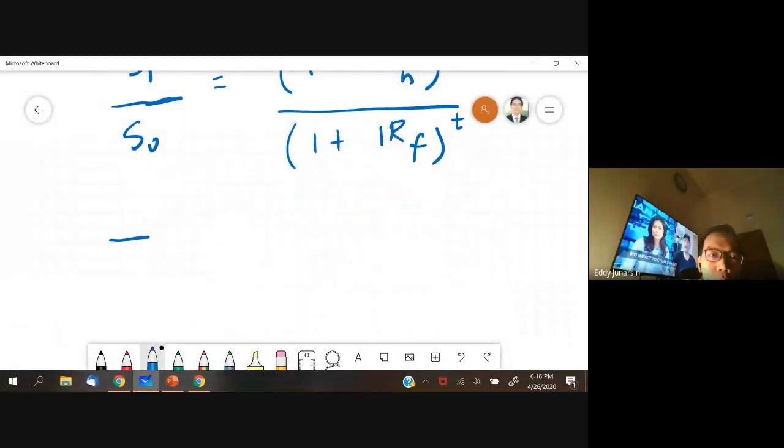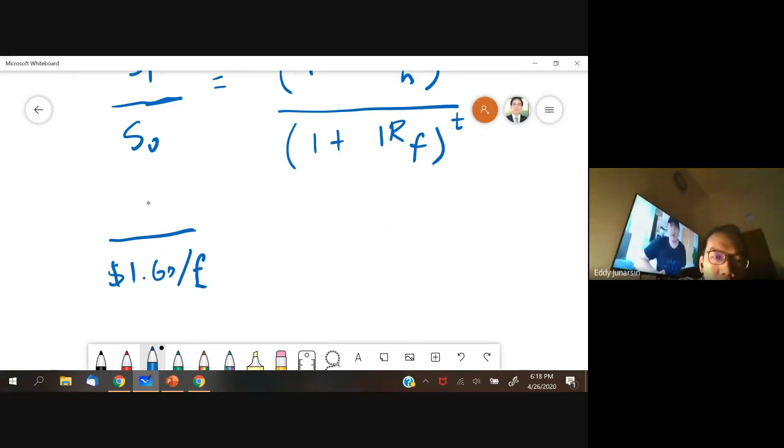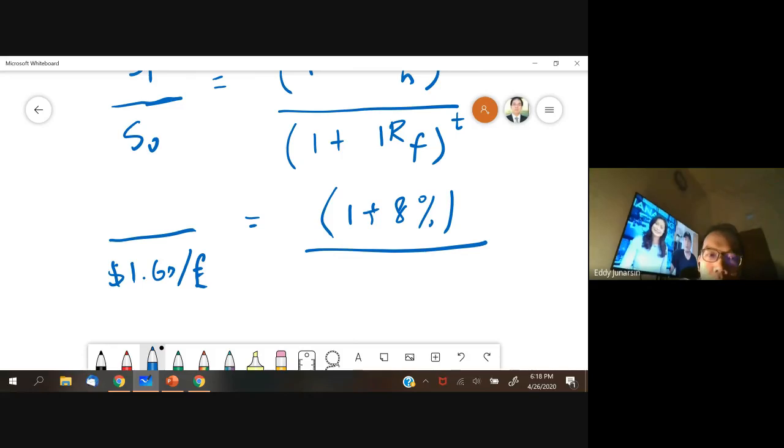So we can write separately here. The spot rate was 160, right? And then the interest rate in the US is, what is it again? 8%. The home country, because the US dollar is mentioned in front, right? 1 plus 11 in the UK. So what should it be?